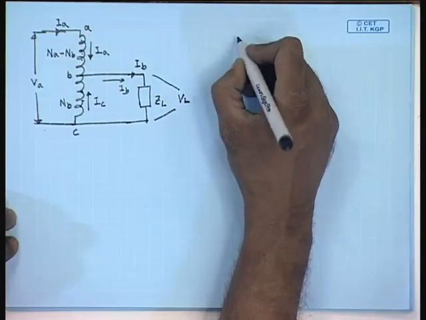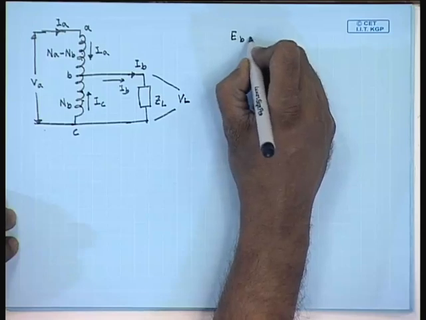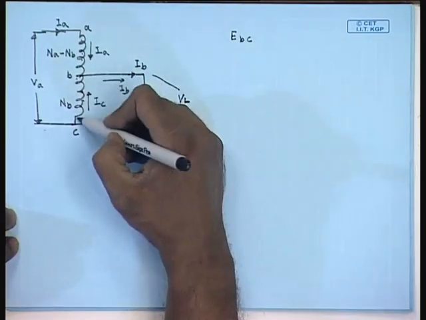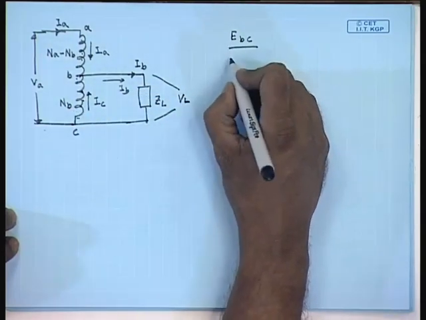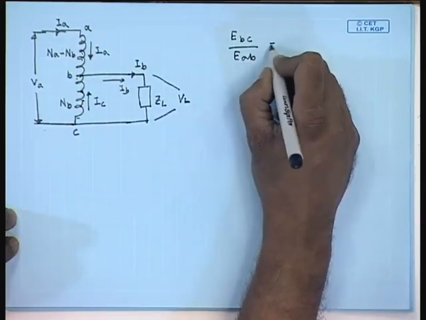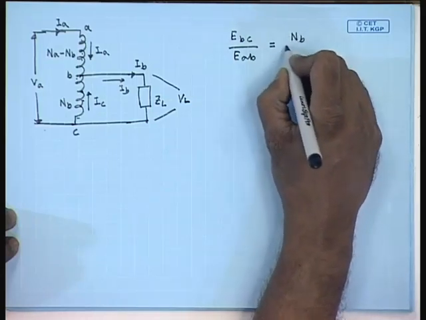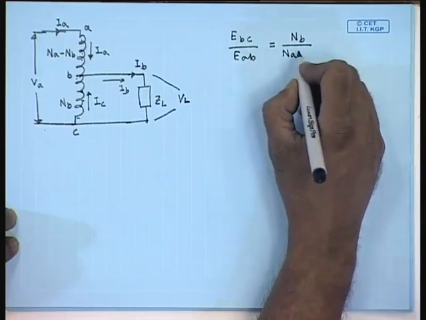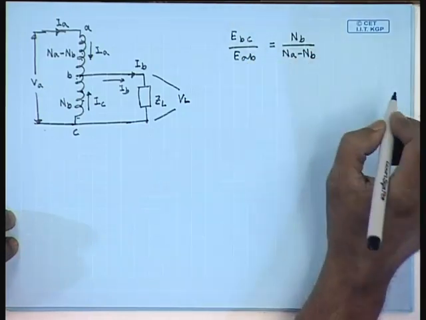Therefore, we can write that EBC, that is the voltage induced in the part with turns NB, divided by EAB is equal to NB divided by NA minus NB, and they will also be in phase.